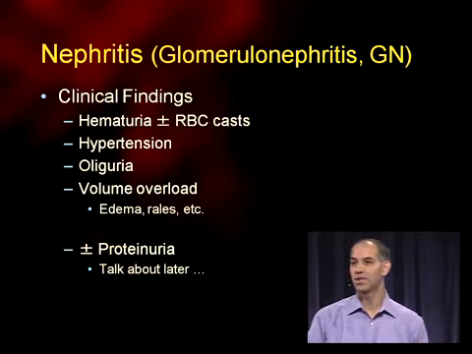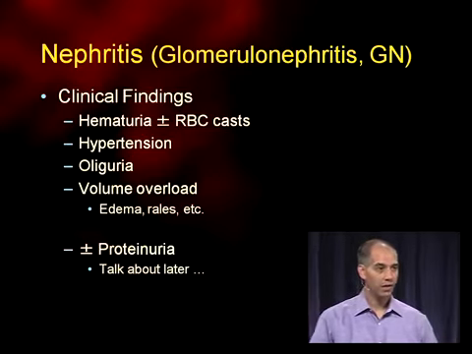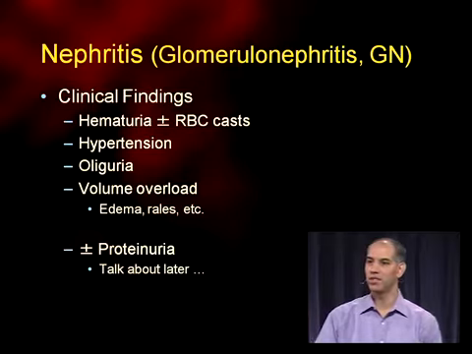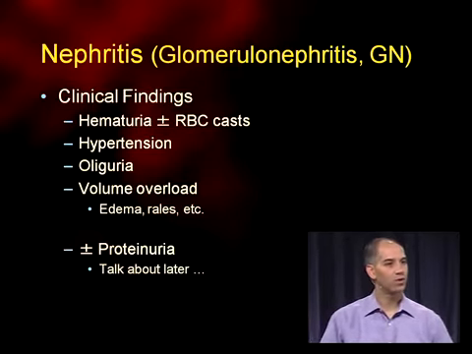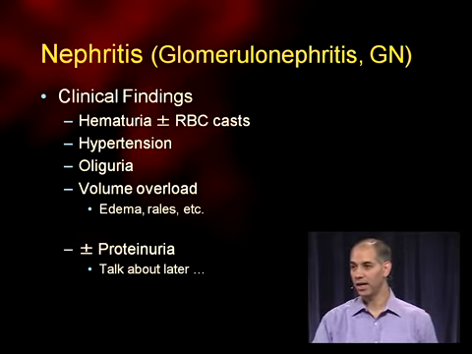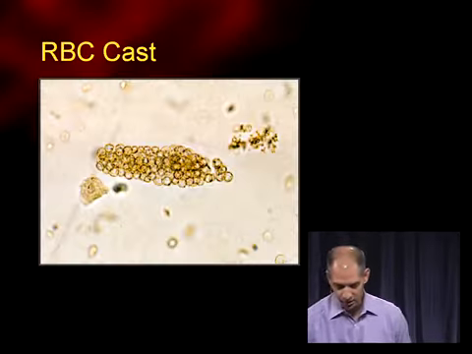They will often present with hypertension, with renal failure, oliguria, volume overload. And most of the conditions that present with nephritis will also have proteinuria. If there's inflammation within the glomerulus that's letting blood leak out, you also are leaking protein out. But we'll talk about nephrotic syndrome a little bit later on.